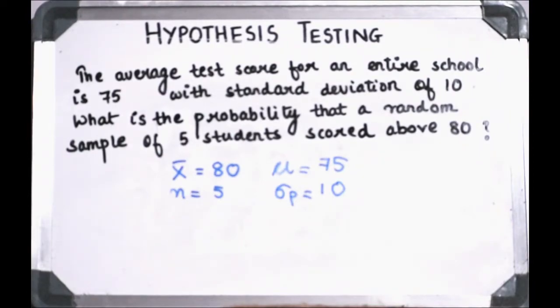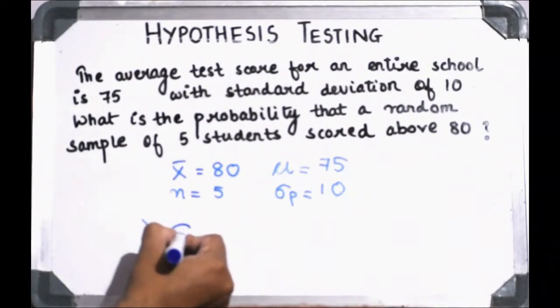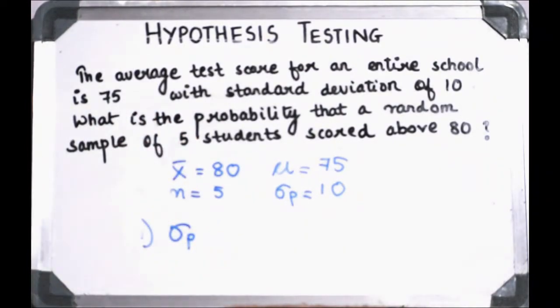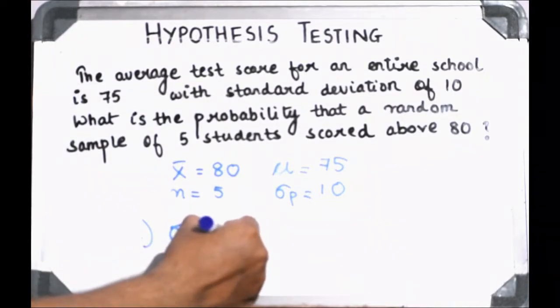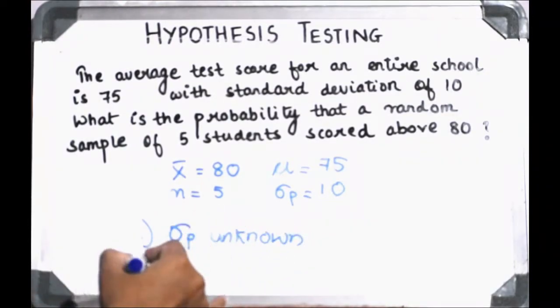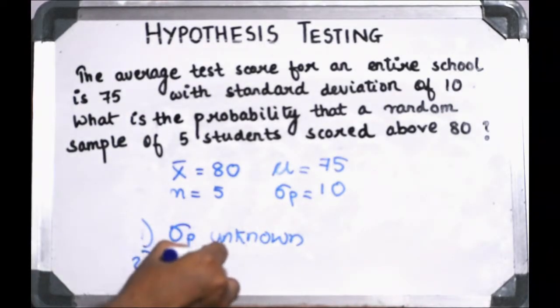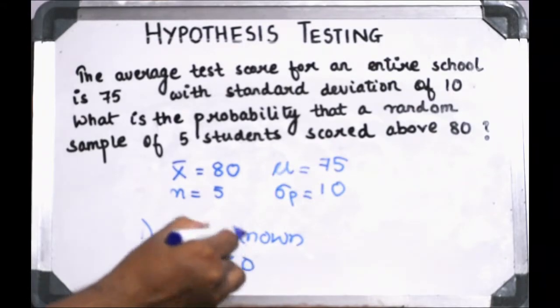Now we have to decide whether we should go for Z-test or T-test. As we discussed, the two conditions that need to be fulfilled for T-test are: number one, the population standard deviation should be unknown, and number two, the sample size should be small, less than 30.